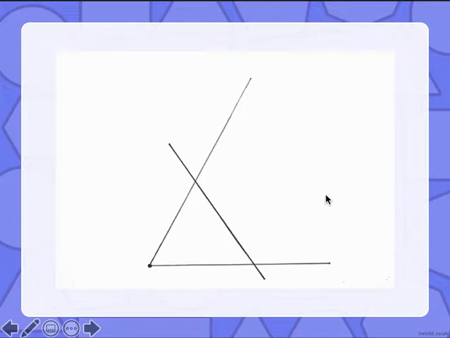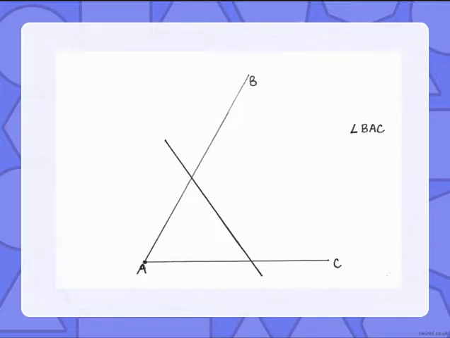One thing mathematicians can do to help us understand which specific angle we're talking about is to use letters. And so now if I tell you, look at angle BAC in this diagram, you would know to look at this angle here.